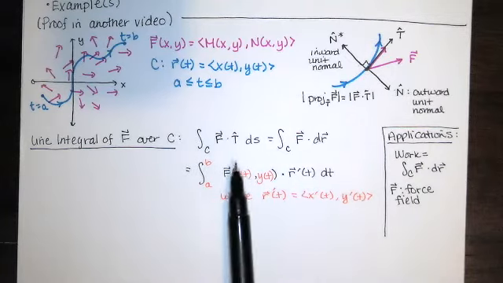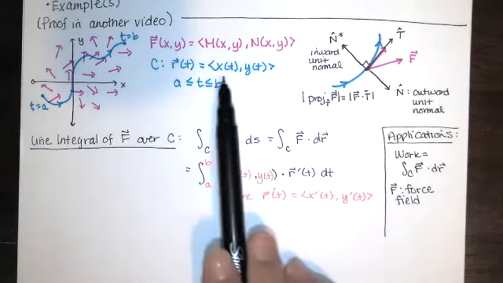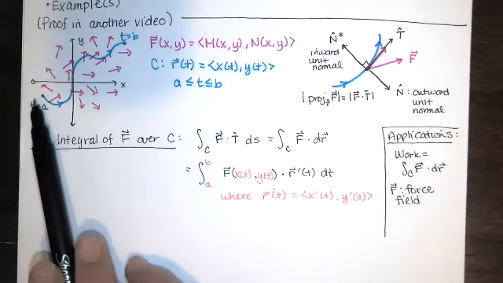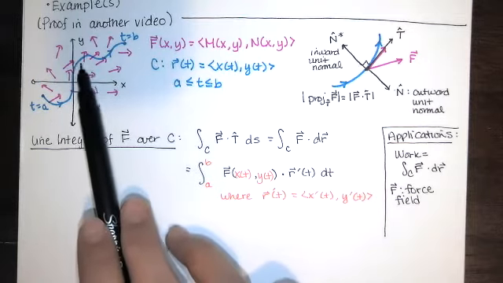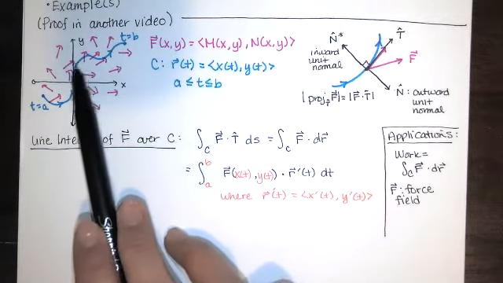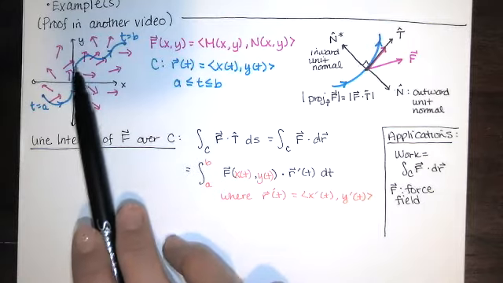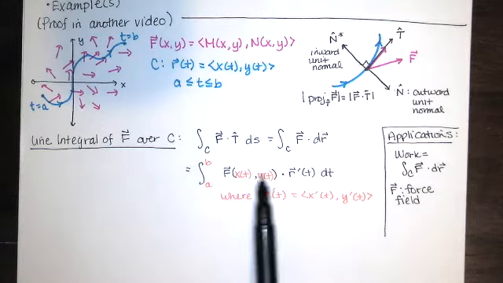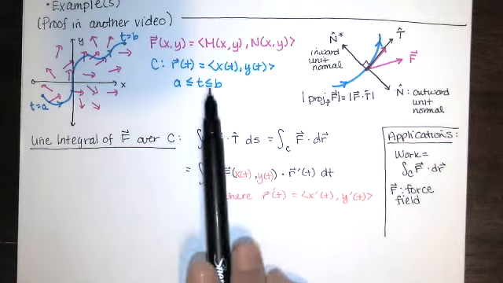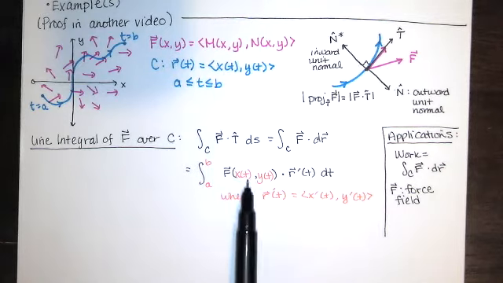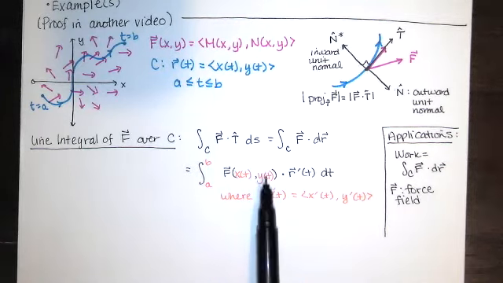Okay, you say that's a lot, but now I know it represents work. How do you actually evaluate that? Well, the one variable that ties all the variables together is t. When I'm on this curve, x is given by x of t and y is given by y of t. So the field that I'm experiencing as I travel along the curve is F evaluated at x of t and y of t.